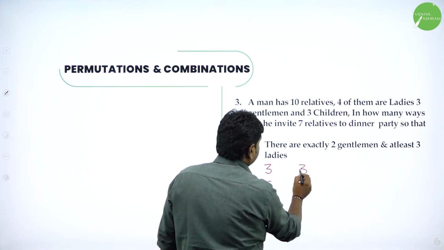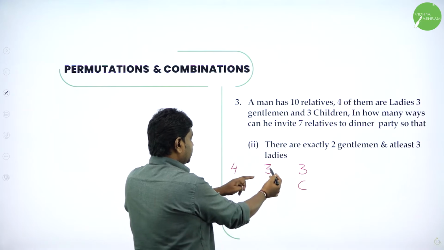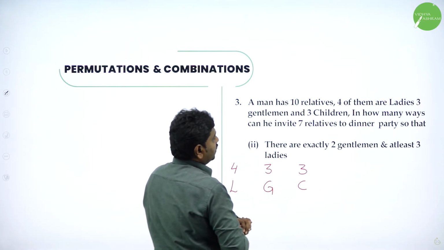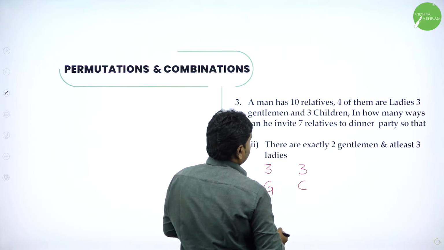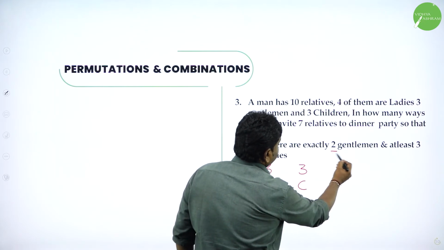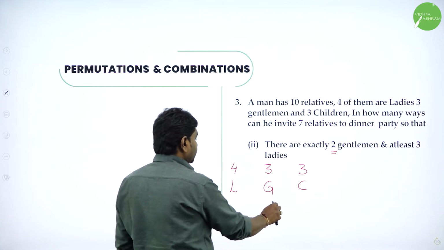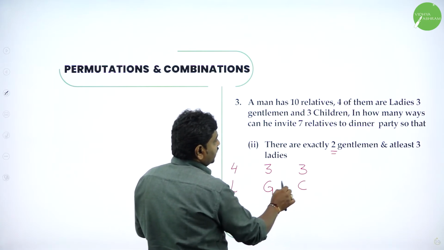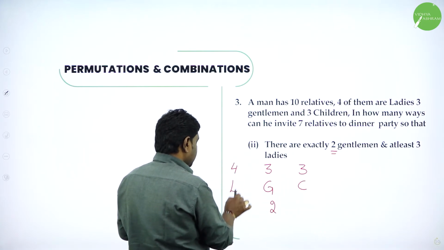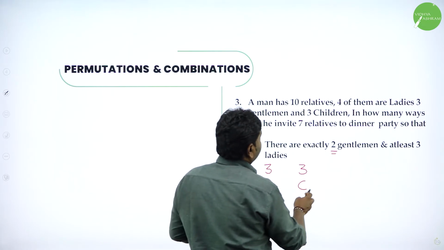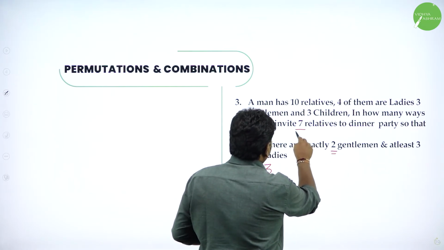This is the total. And he has to invite 7 again, with exactly 2 gentlemen and at least 3 ladies. Gentlemen is fixed at 2. Ladies at least 3, 3 or more. So how many ways can he invite 7 relatives?